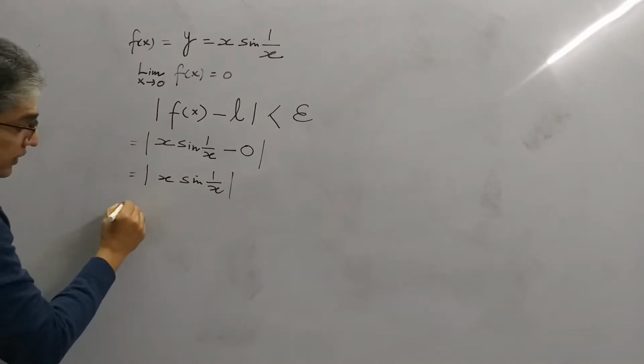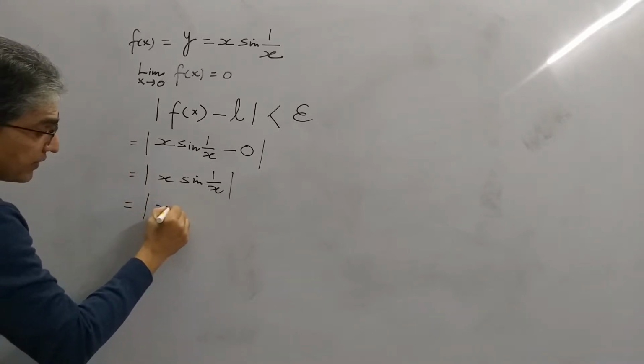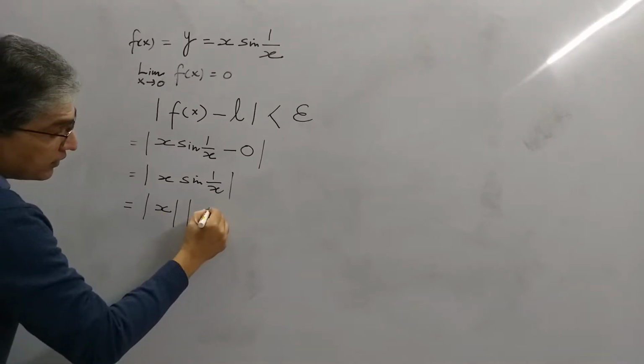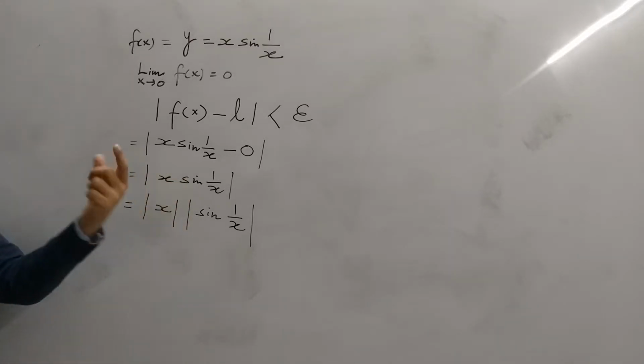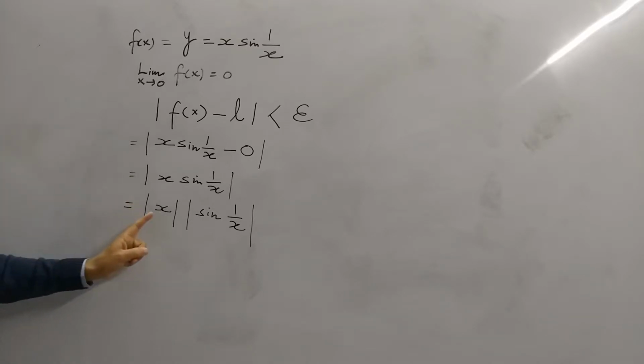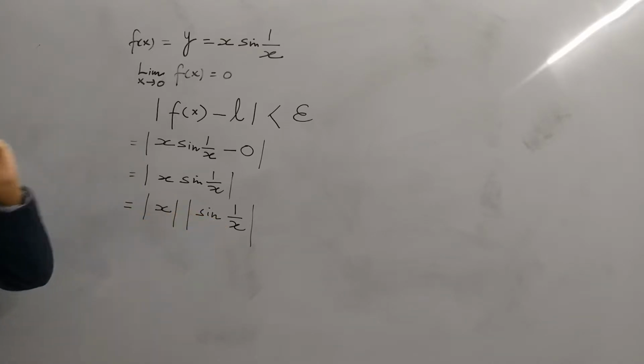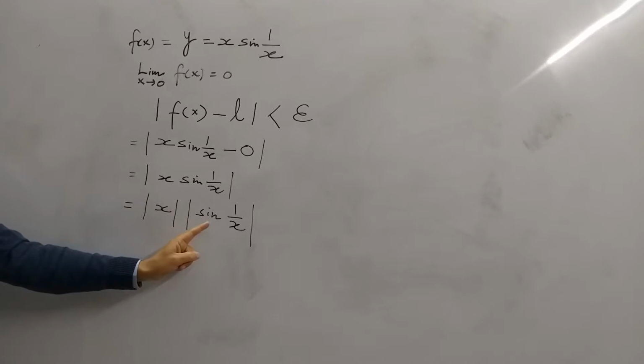Now, this is equal to modulus x modulus sine 1 by x. This is simple. There's no problem. The modulus of two things is the product of modulus of them separately. Now, sine moves from where to where? -1 to +1. So the modulus moves from where to where?